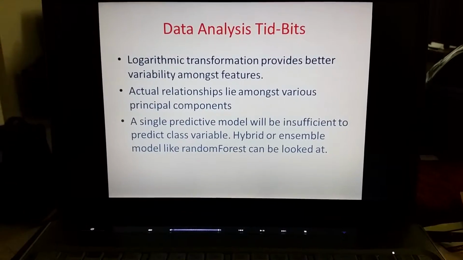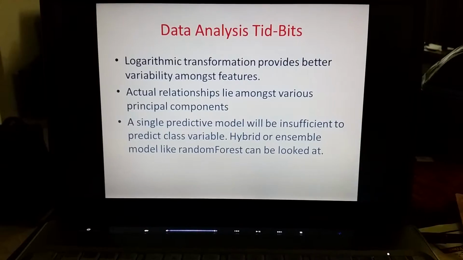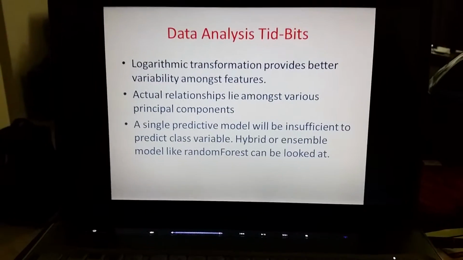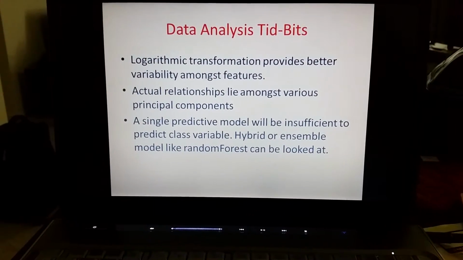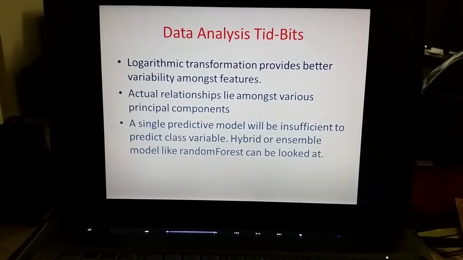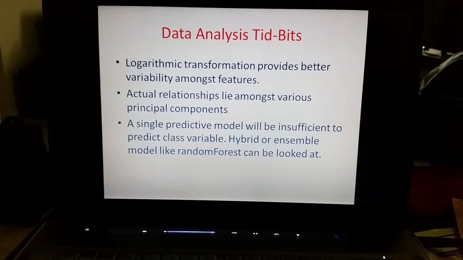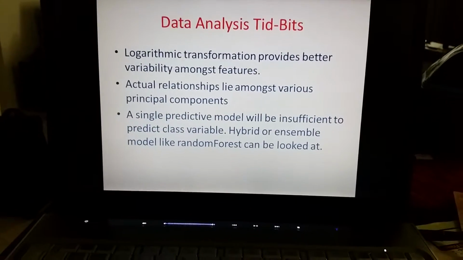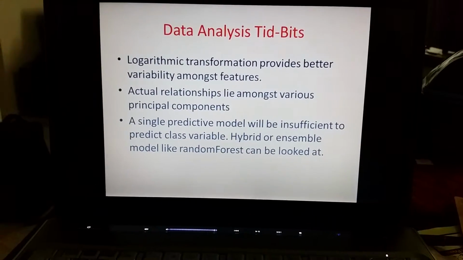It also reduces the outlier effect. However, even after logarithmic transformation, the actual relationships between the various features and the class variable shares are not visible. All you can see is a cloud of data points.